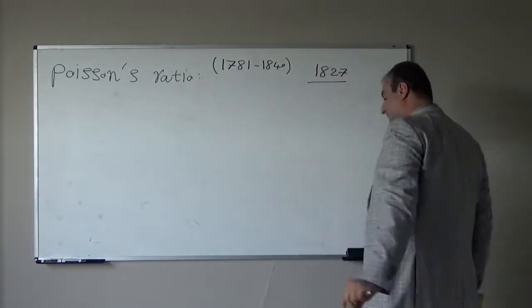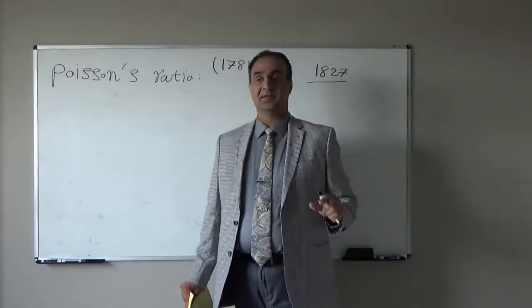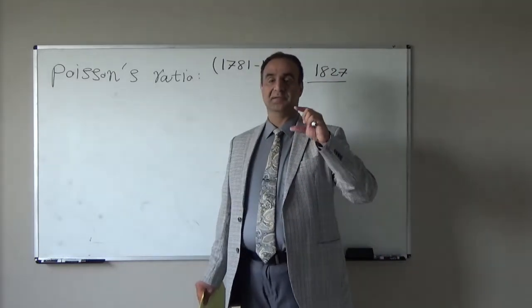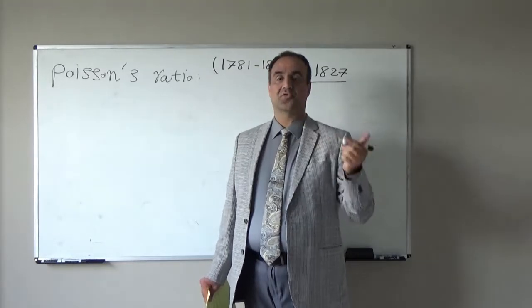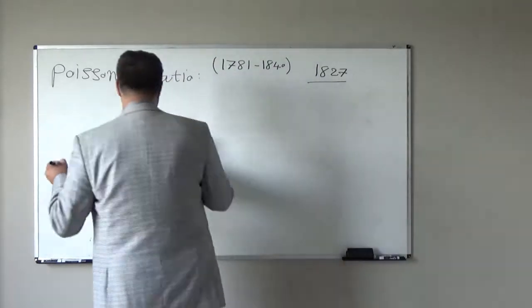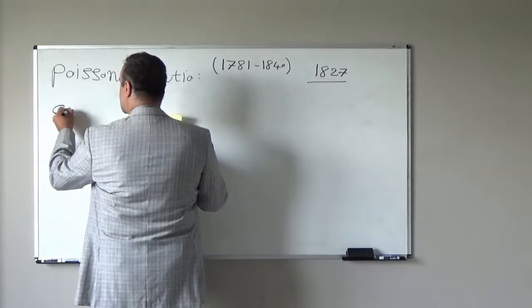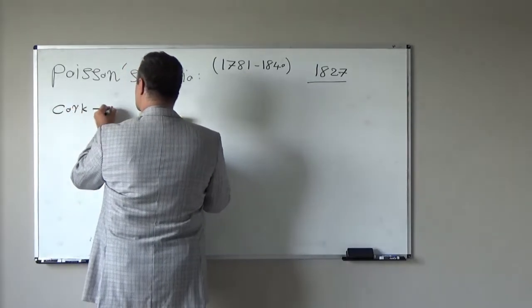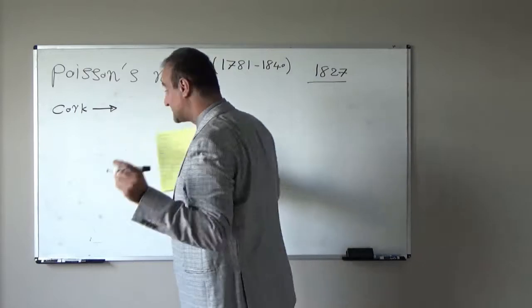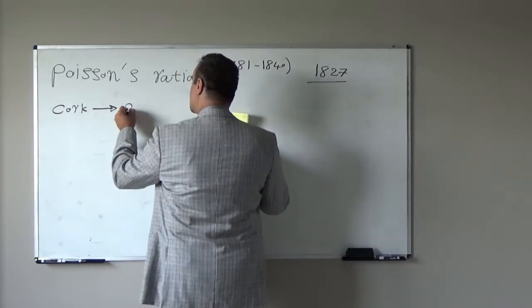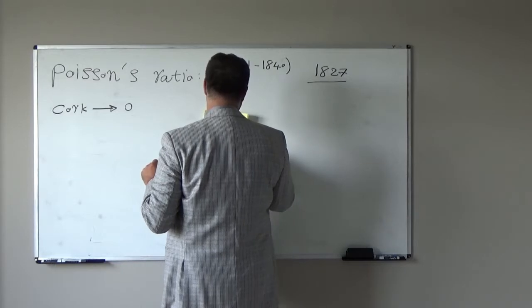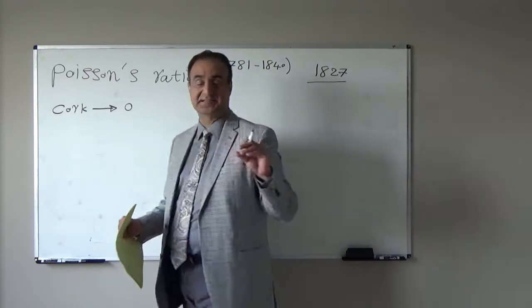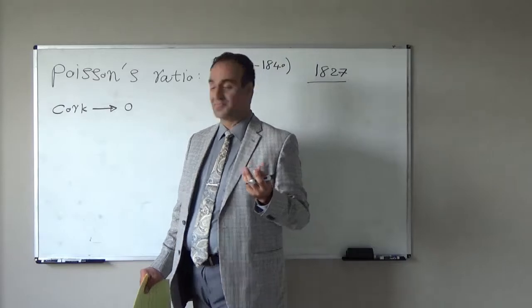If you look at a wine bottle, at the top they put a cap with cork. Why cork? Because the Poisson ratio of cork is close to 0. It means when it is compressed, there is no lateral deformation.